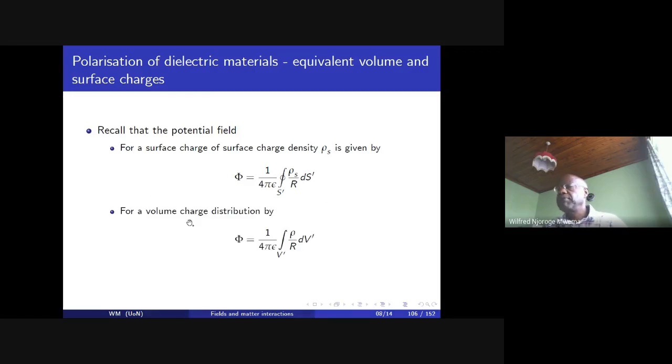For a volume charge distribution rho, in coulombs per meter cubed, or per unit volume, the expression we obtained from electrostatics is given by rho over r multiplied by dv. So rho is in units per unit volume, rho s is coulombs per unit area.